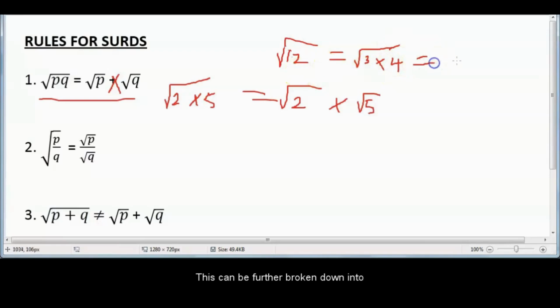This can be further broken down into root of 3 multiplied by root of 4.